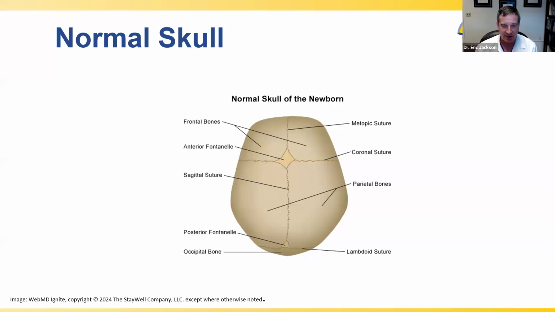The posterior fontanelle, which is much earlier to close, is really at the junction of the lambdoid sutures and the sagittal suture. The way we tend to think about it is if one suture closes, for instance the sagittal here, then the head can't grow in the direction away from that. So with sagittal synostosis, it can't grow out here, so you get a long, narrow head.